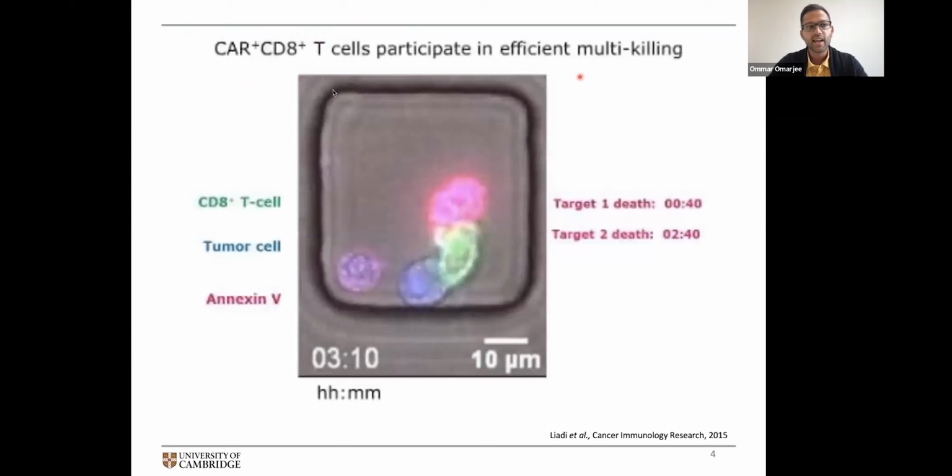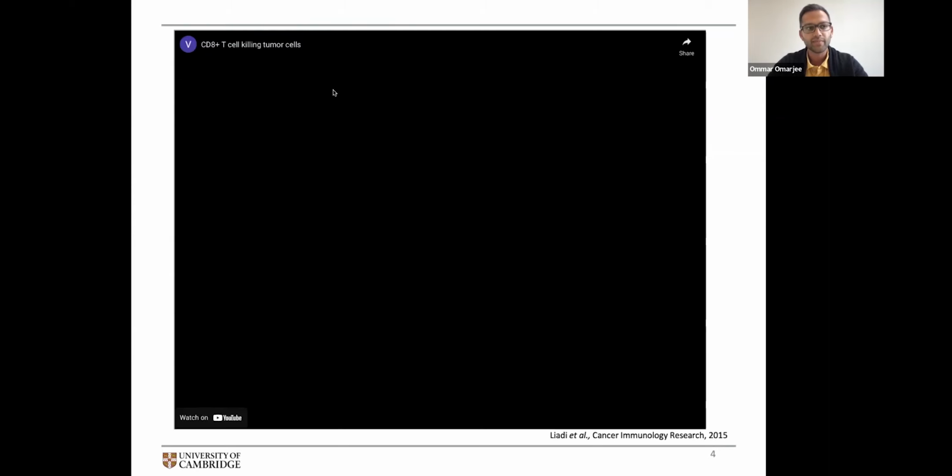So next, I'm going to show you a video. It's a live video of how a T cell, which will be represented in green, works. So the T cell is colored in green, and there are three tumor cells, which are in blue.